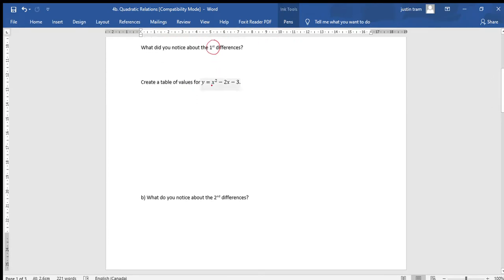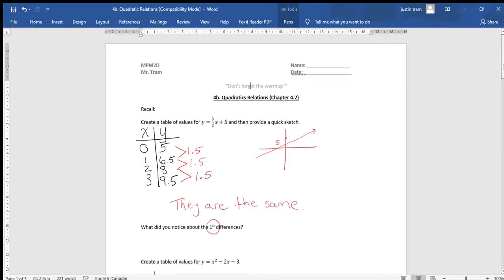Now we're going to create a table of values for this quadratic equation. Forget the word quadratic. I will go into more detail later on. But let's just create a table of values for this equation. Now, right off the hop, I know that this won't be a linear equation. And a quick way to tell is if you look at the exponents of the variables, you see that for a linear equation, the exponent is simply 1.